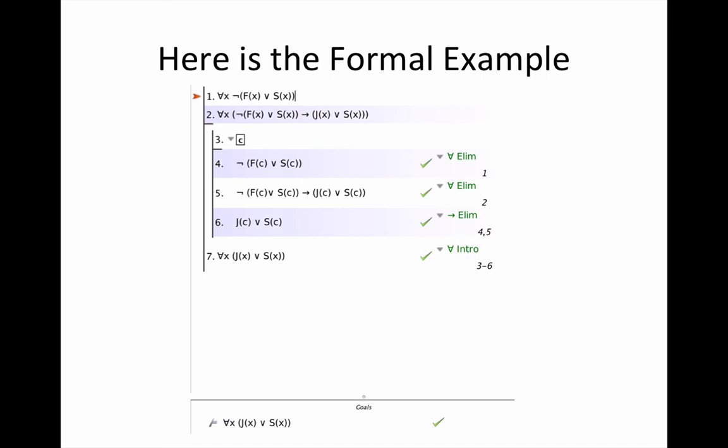Your setup is the same though as it would be if you had, for example, a universal atomic sentence. So you assume the name, in this case C, this was Claudine, and then from that assumed name you derive the sentence you want, exit the subproof, and assert your universal.